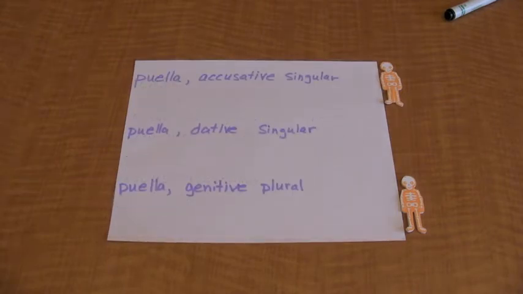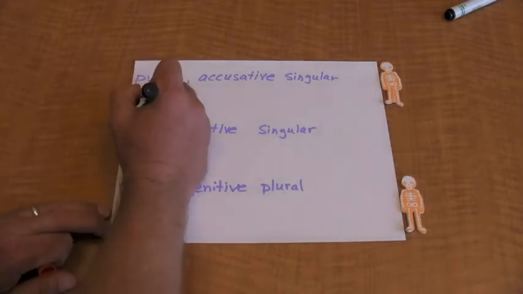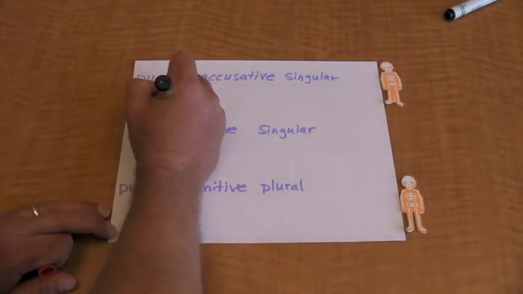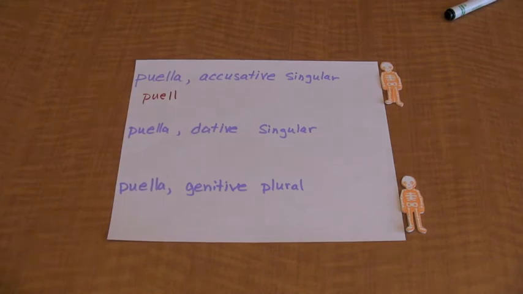Now let's create the forms for puella in some different cases and numbers. To form puella in the accusative singular, we're going to take the base of puella, P-U-E-L-L, and we're going to add the ending of the accusative singular.